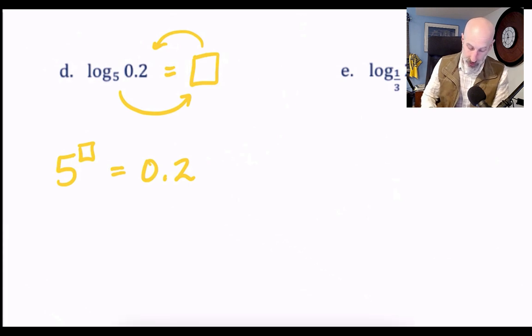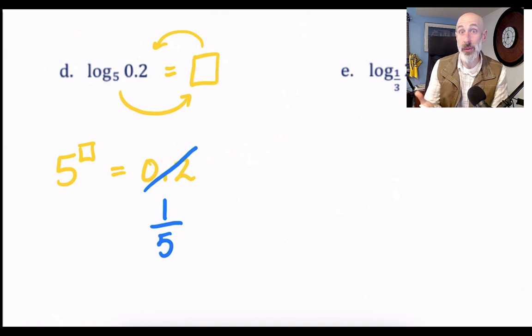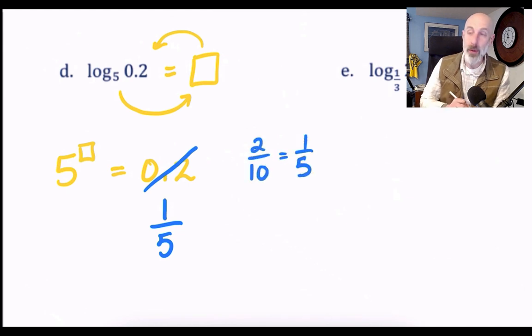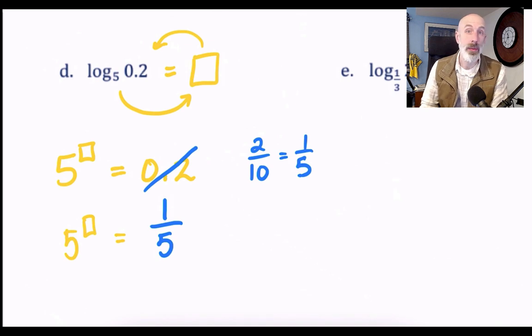So I'm going to change 0.2 into its fractional equivalent, which happens to be 1/5. If you didn't know that off the top of your head, you can always convert it using the way it's read. 0.2 is 2/10, which reduces by 2 to give us that 1/5. But now if we're asking 5 to what power gives us 1 over 5, that power needs to be a -1 so we get the reciprocal.